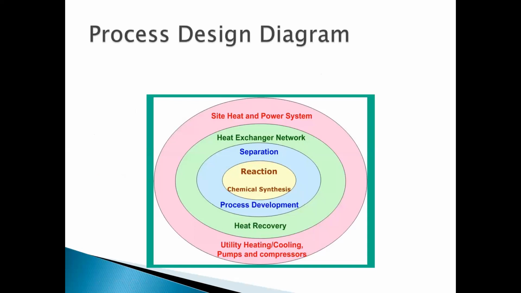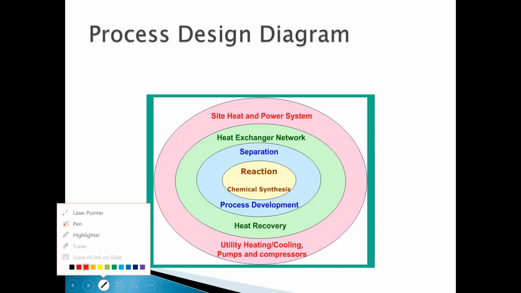And at the beginning, I wanted to share with you the onion diagram, the famous one. In traditional process design, we start with the reactor. Then we go to the separation: separators, distillation columns, fractionation, extraction, whatever. Then after that, we go to the heat exchanger network. What is the heat exchanger network?